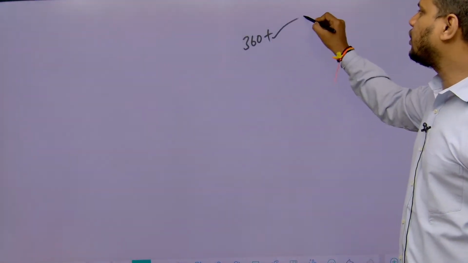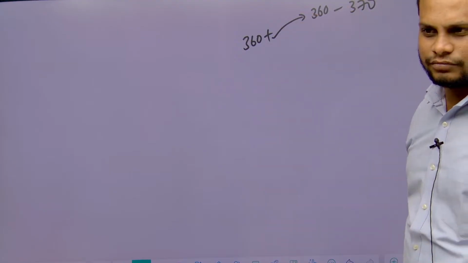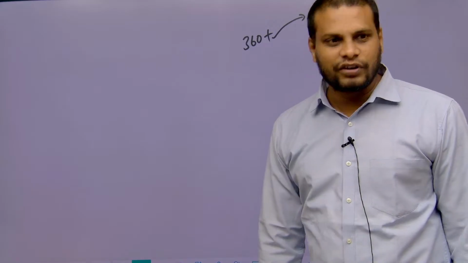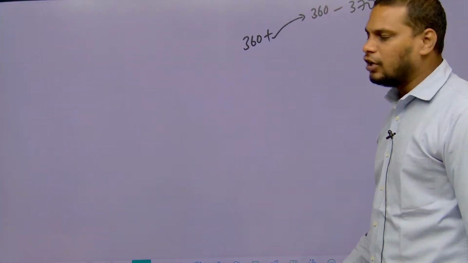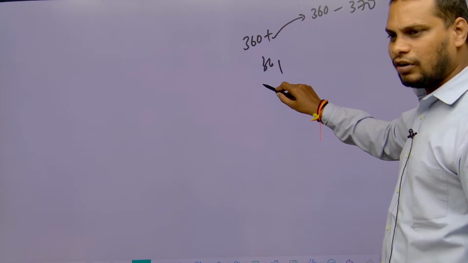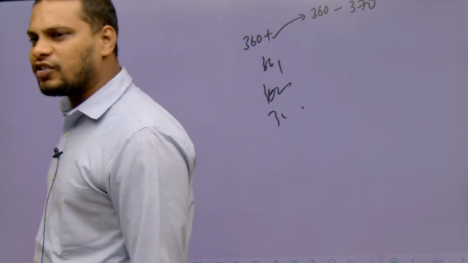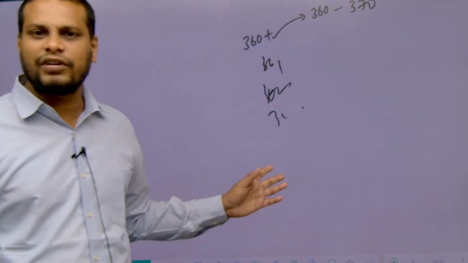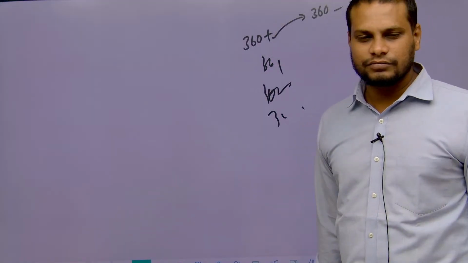Which means that he is having a confusion between 360 to 370. Did you understand this point? Are you clear up to here? Then his marks may be 361 or 362 or 363 or 364. So his marks may be 361 to 369. That's what the meaning is.